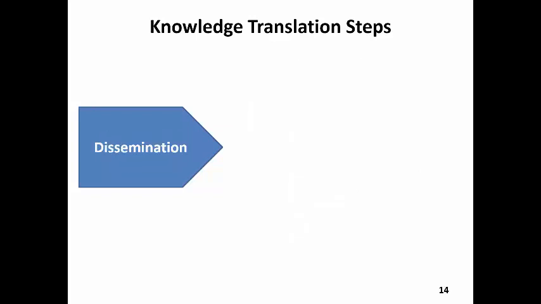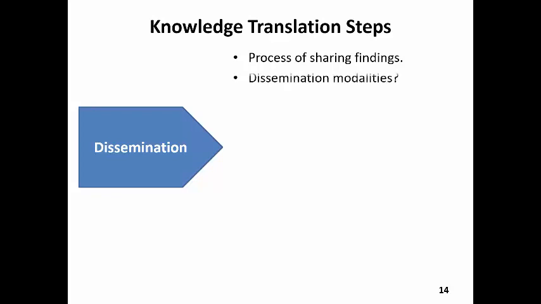The next step, once that research is generated, is the dissemination. And dissemination is the process of sharing the findings of those primary research studies. And so the modalities that are used to disseminate that information vary.